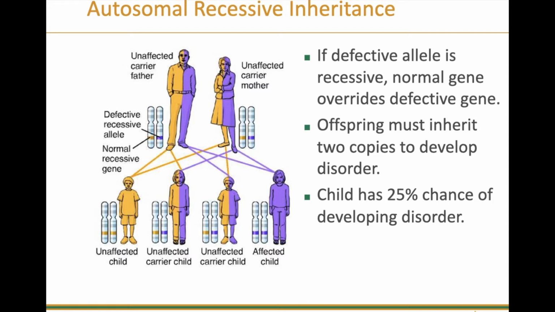Statistically, they're going to have a 25% chance of having an unaffected child, a 50% chance of having a carrier who's not affected, and a 25% chance of a child developing the disorder. So the chances of developing the disorder are less because you have to get the recessive gene from both parents, as opposed to autosomal dominant.